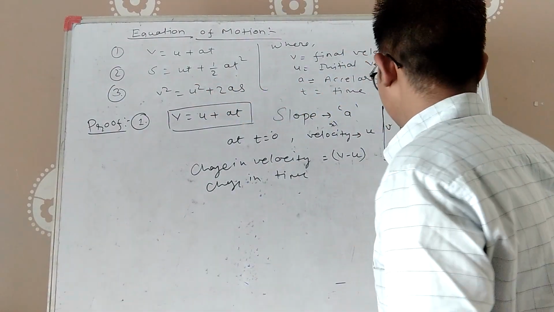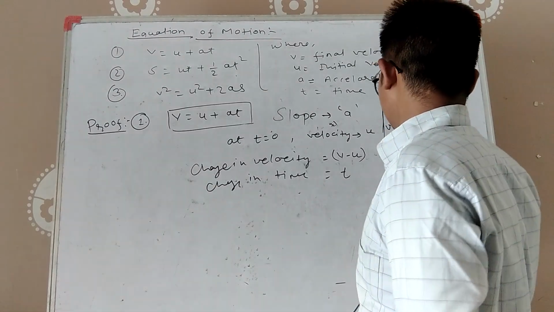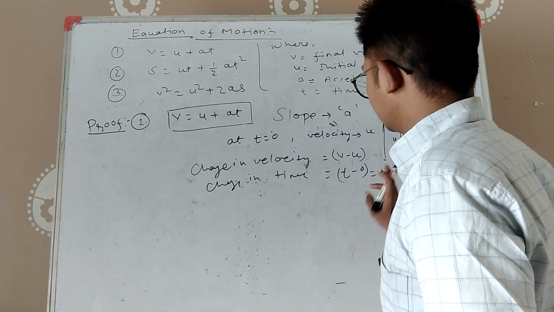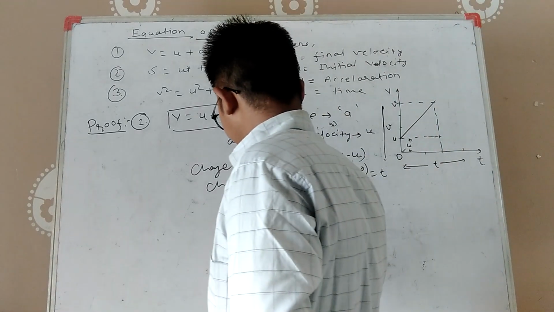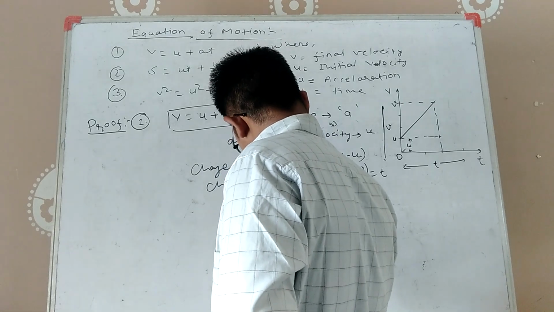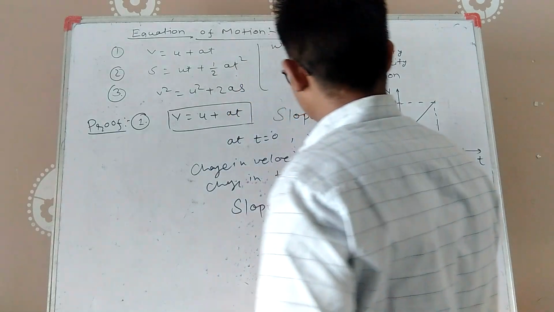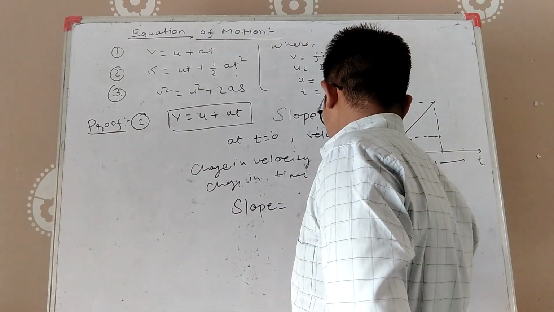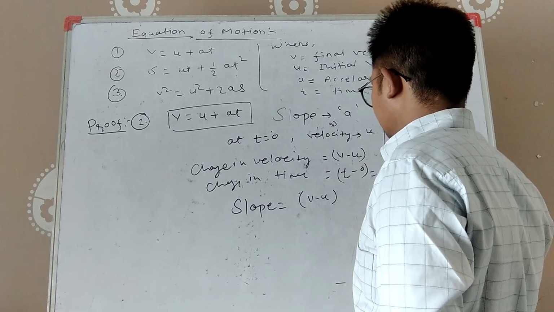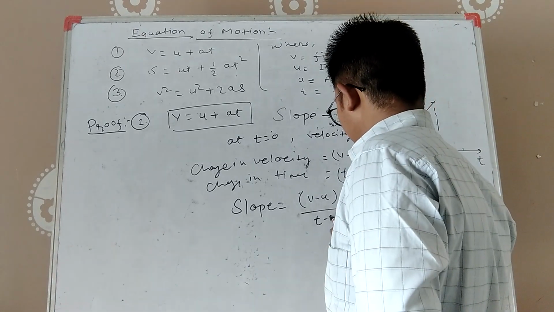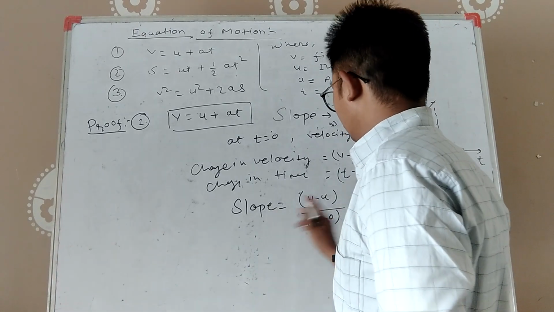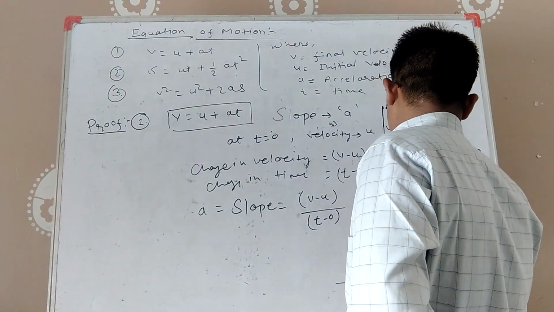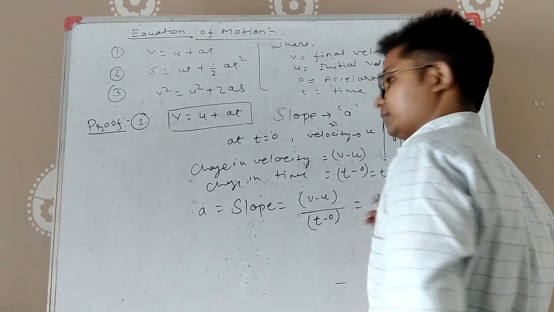The final time is t and the initial time was 0, so the change in time is t. The slope is the change in y, that is v minus u, over the change in x, that is t minus 0, and the slope defines the acceleration of the object, which is v minus u by t.